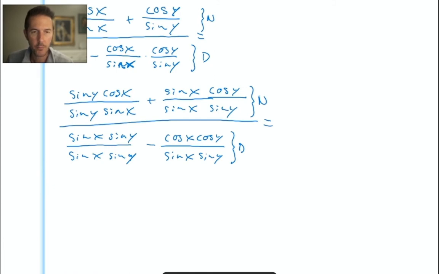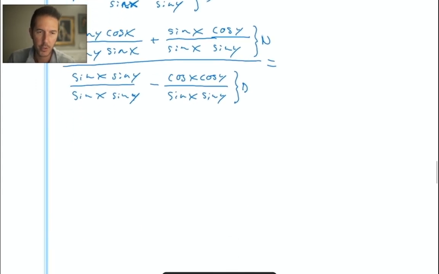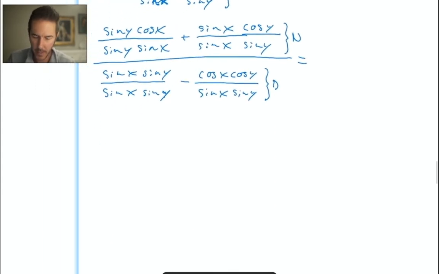And now let's write the big numerator as one fraction and the big denominator as one fraction. Even if you can see where this is going, it's not a bad idea to show our work.